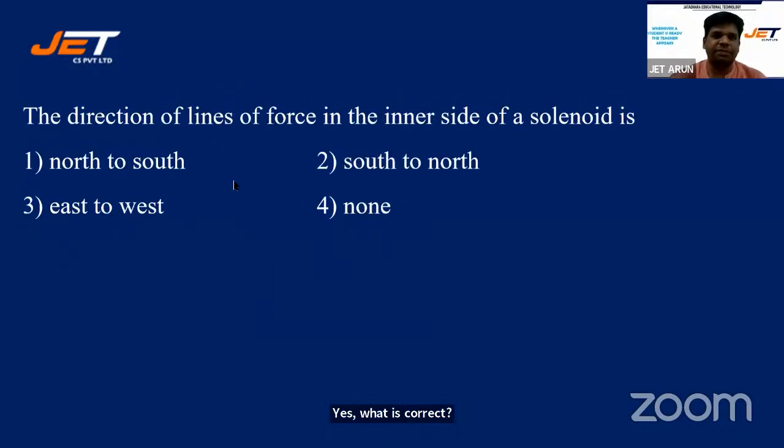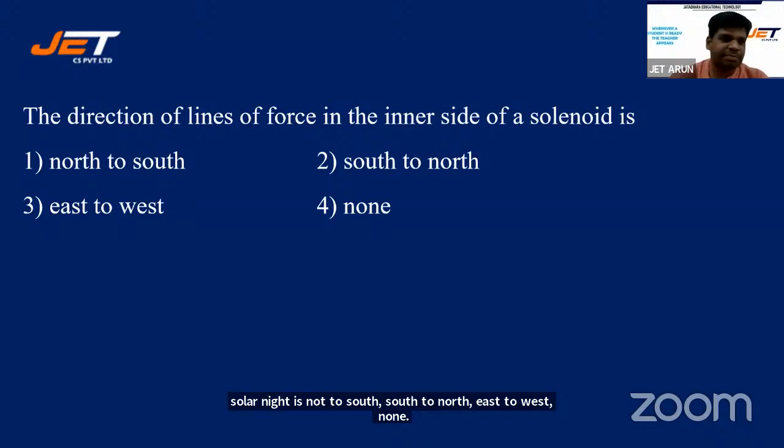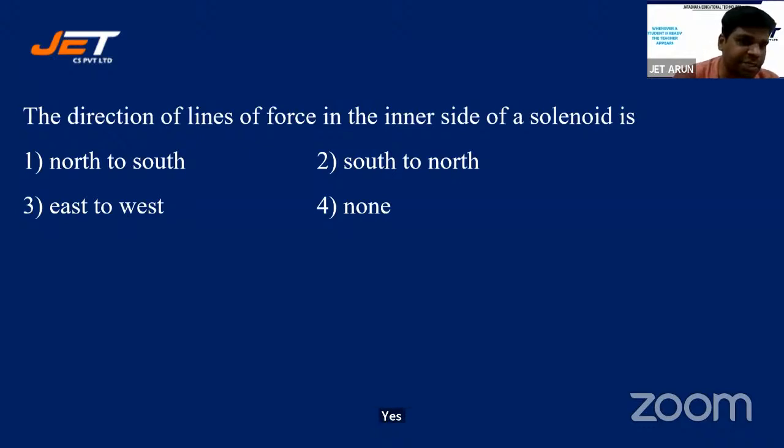The direction of lines of force in the inner side of a solenoid is north to south, south to north, east to west, none. Inside the solenoid. Yes, Kumari is right, Gayatri is right, Bhavana is right, Agnivesh is right, Varun Tej is right, Riya is right. Outside the field, Gautami, then what is outside?